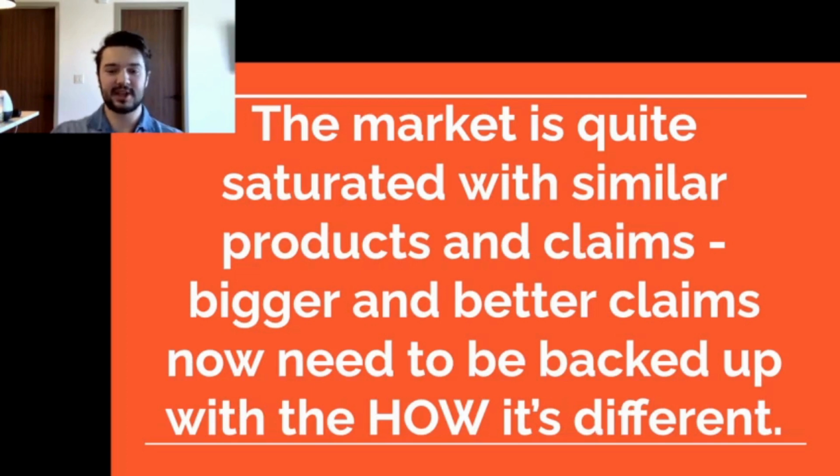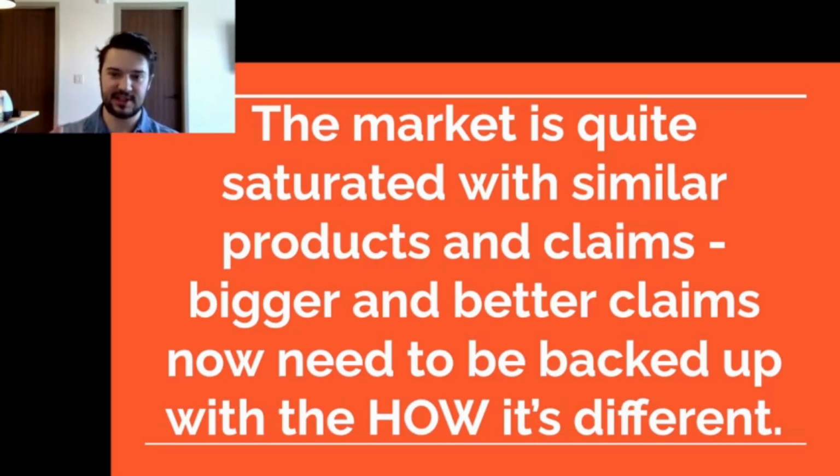Number 3, making the old product new. So now the market is becoming more and more saturated with similar products and similar claims. So this is kind of going further on the competitive, and you're building from that second stage. You're going to continue making bigger and better claims, and now they also need to be backed up with the how, right? So you're making these big claims.